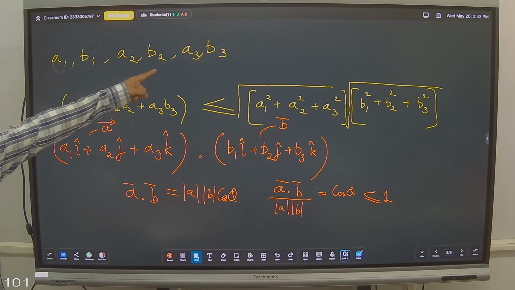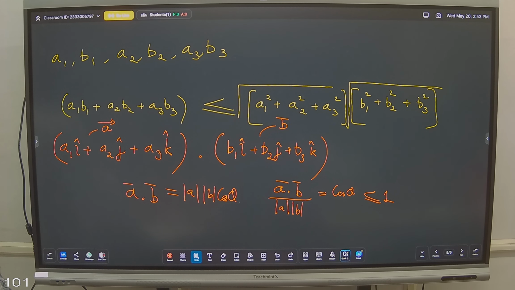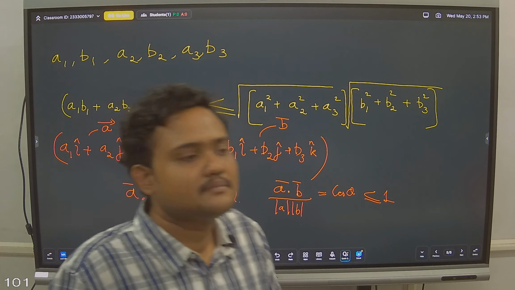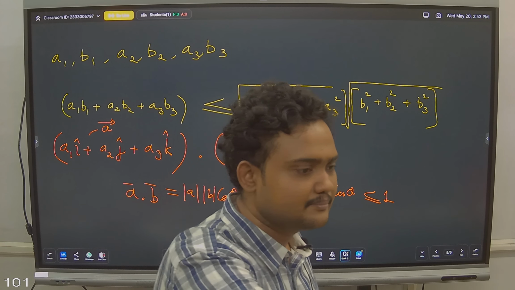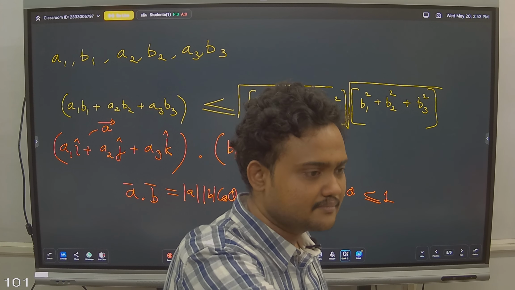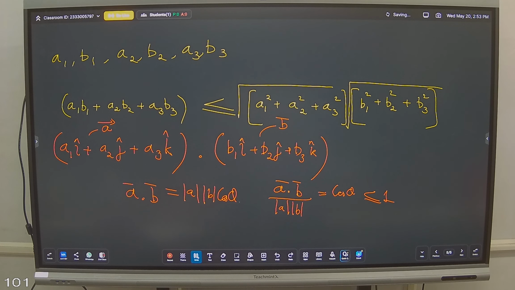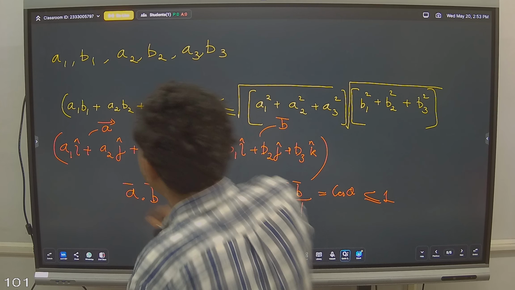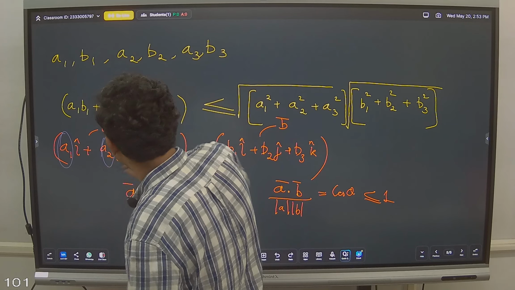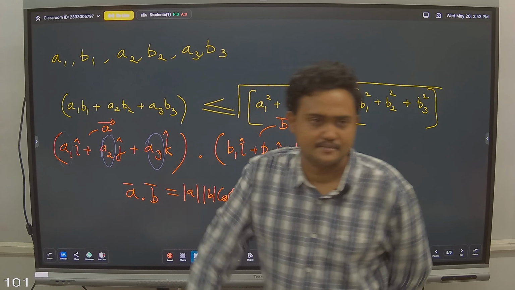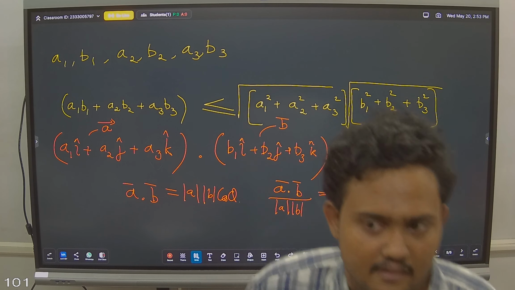I have defined a vector using these real numbers. When I say that for a vector a1 i cap plus a2 j cap plus a3 k cap, here a1, a2 and a3 are real numbers. Do you understand?